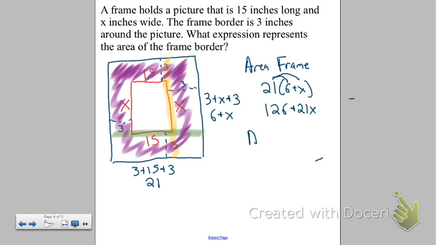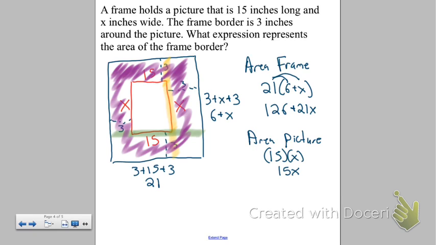Now I can find the area of the picture. The area of the picture would just be 15 times x, or just 15x.